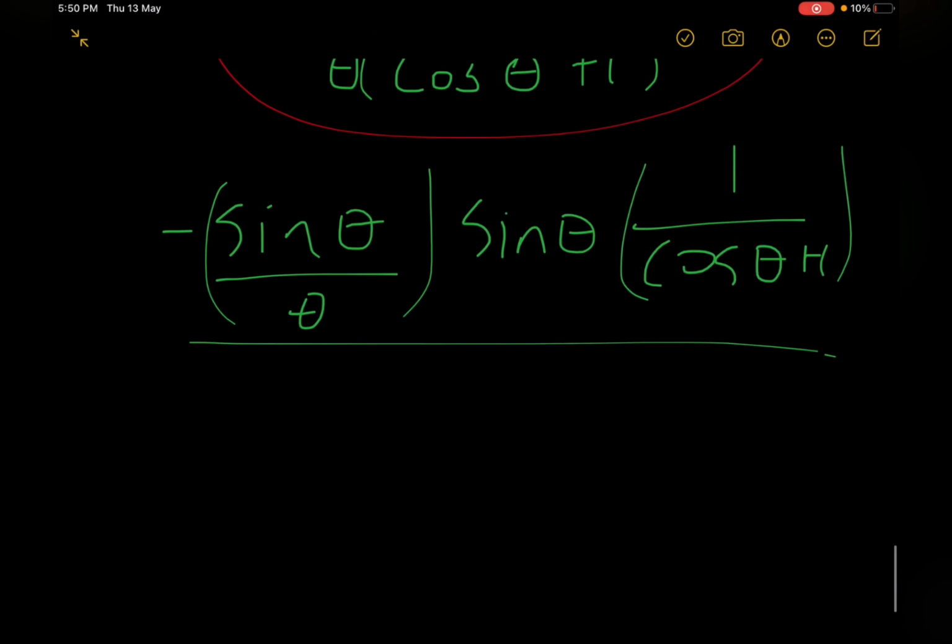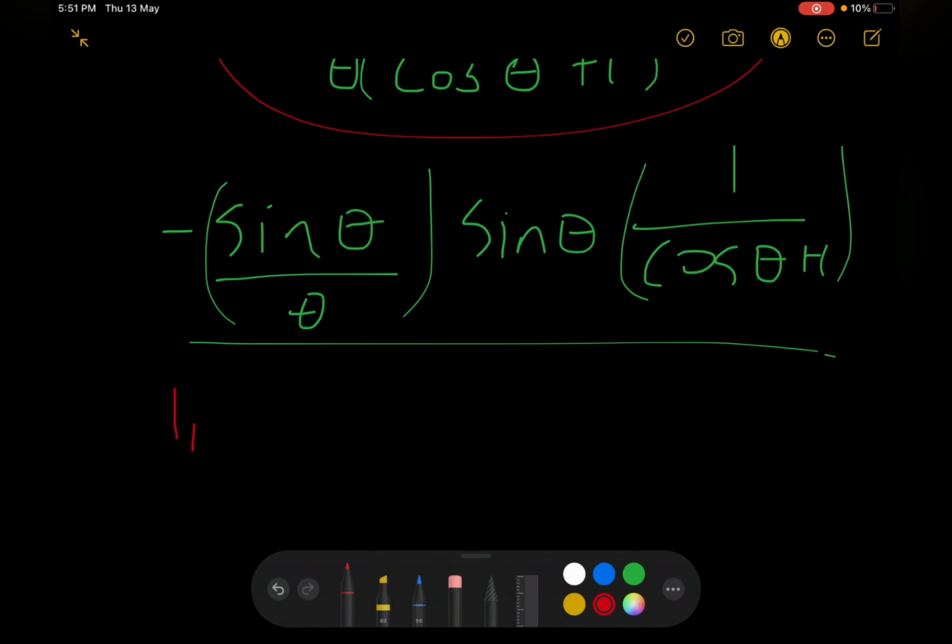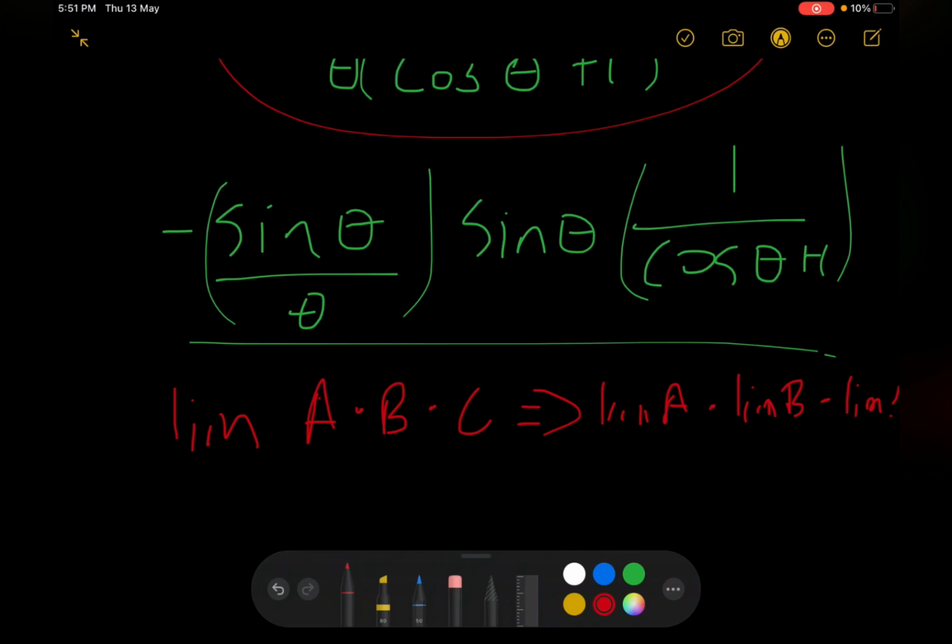So don't be confused. From the limits theorem, we know that if we're finding the limit of a function a times function b times function c, we can find the individual limits and multiply them. So this can be the same as the limit of a times the limit of b times the limit of c. So we're going to find the limit of this, this, and this. From before, we already know the limit of that. So that would be a -1, right?